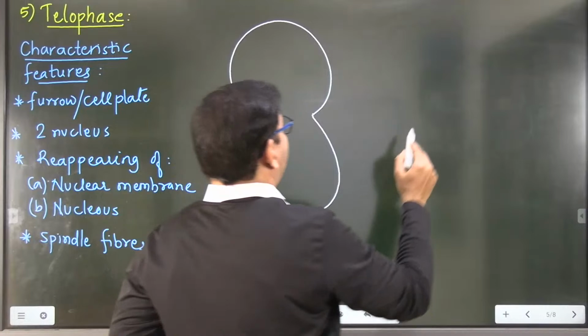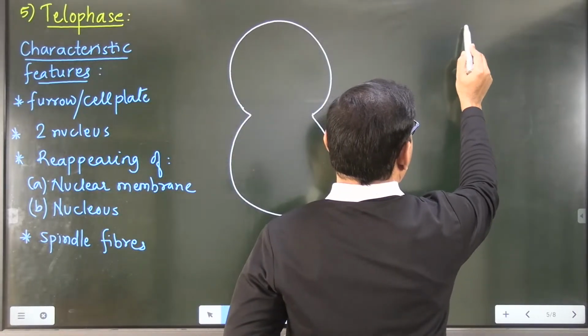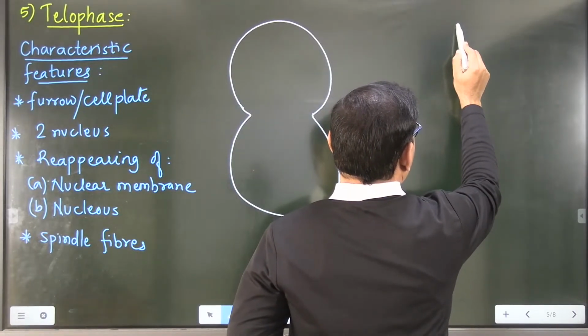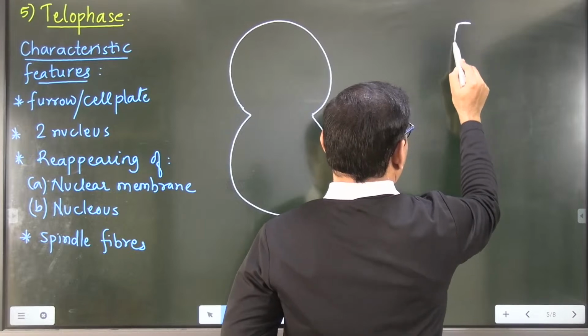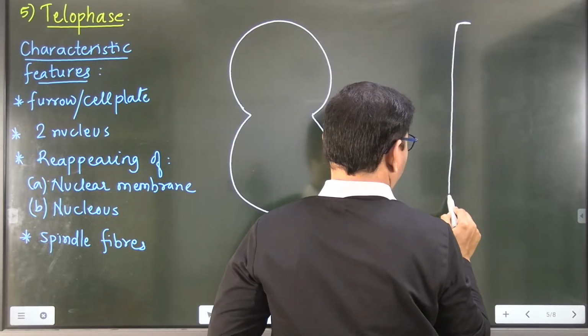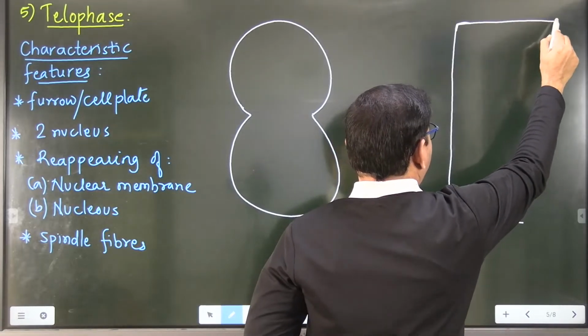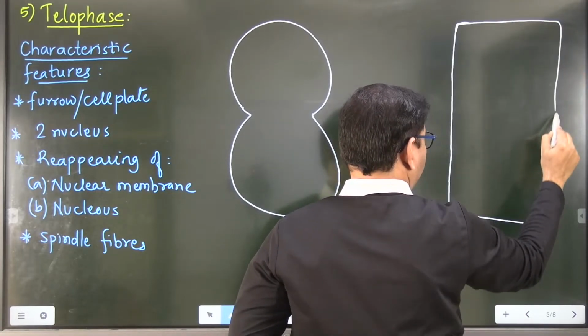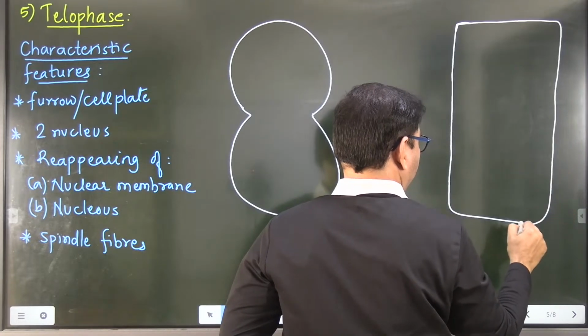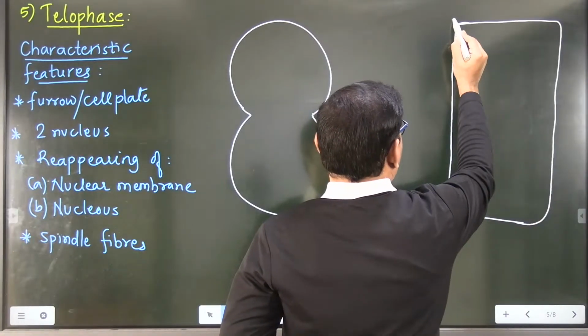Fine. And plant cell. Cell membrane first, and then cell plate.